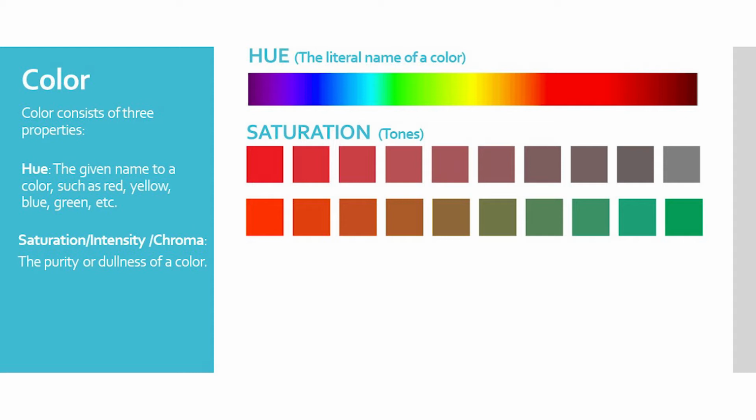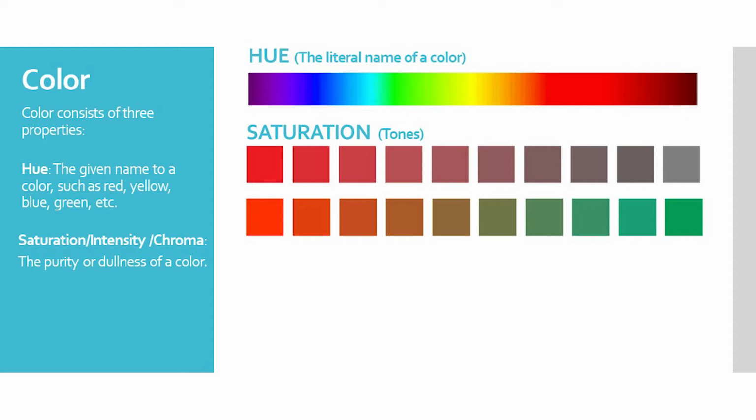The most pure and vibrant colors come right from the tube. Colors that have been combined with various hues are thought to be less intense. So to reduce the intensity of a color, there are two options. There's the top option, which is you can mix the color with gray.